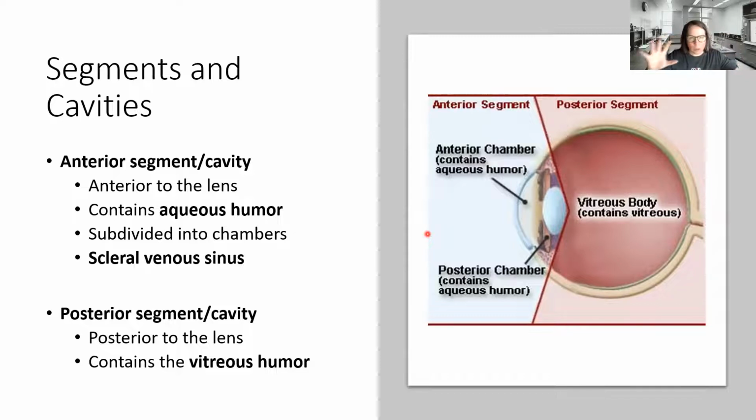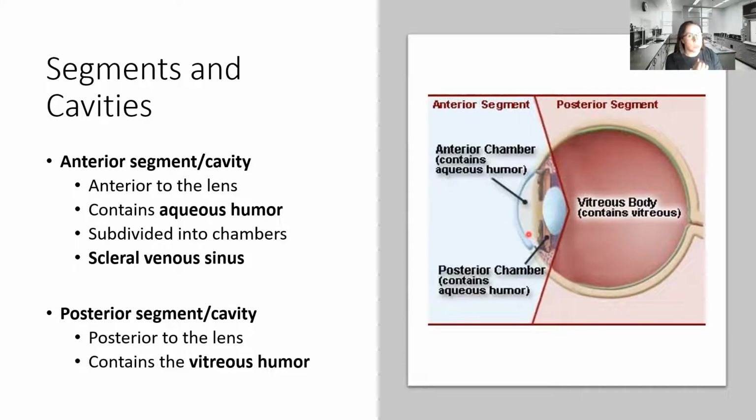Now, in terms of the eyeball, we have cavities and we have chambers. In the lab, we're primarily focused on segments or cavities. The anterior segment or cavity is everything in front of the lens.